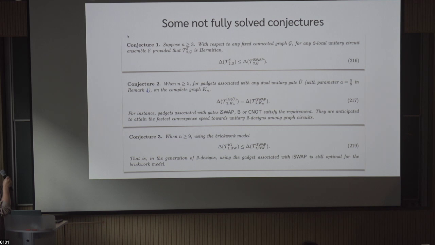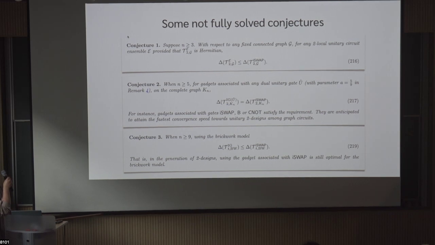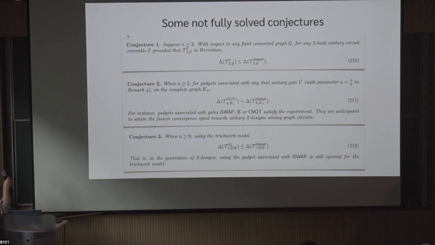At least that's what we observe from a bunch of numerics, but it's not yet clear to us how to prove that. And then the last one is the brickwork model that has been studied the most. We also conjecture that the iSwap gate for a large enough n will be the best.